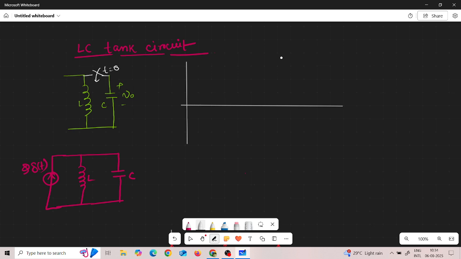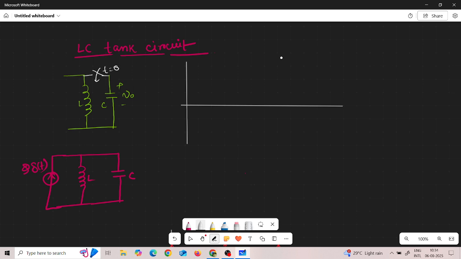closed they will be connected in parallel, and here we consider both inductor and capacitor are ideal or lossless, and the initial voltage across the capacitor is V naught.